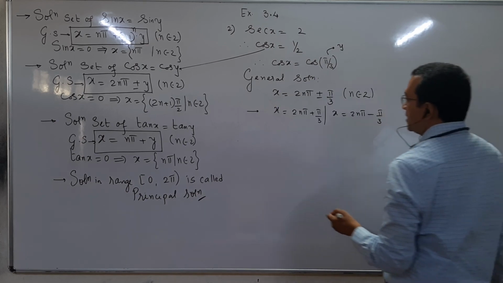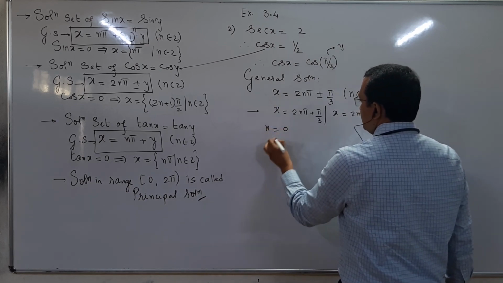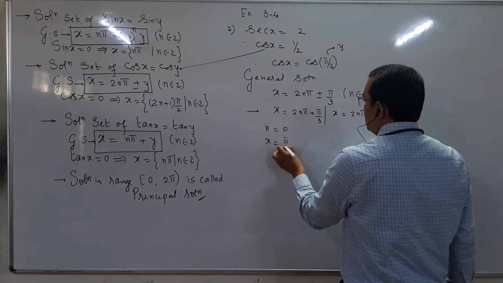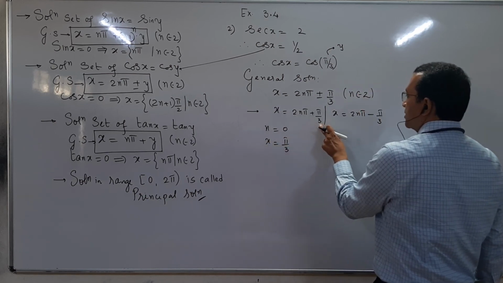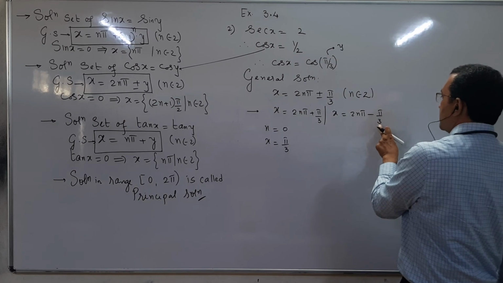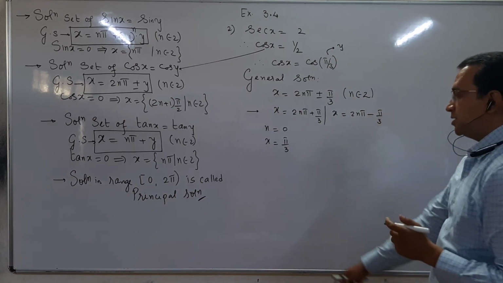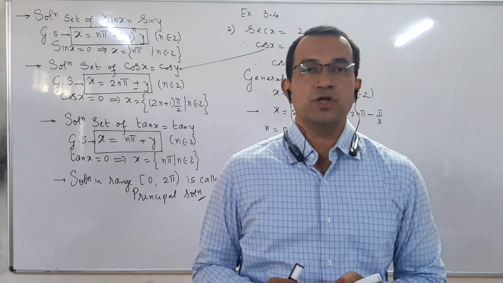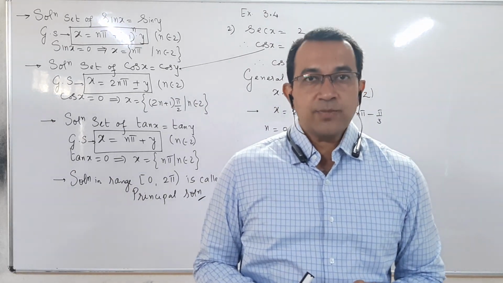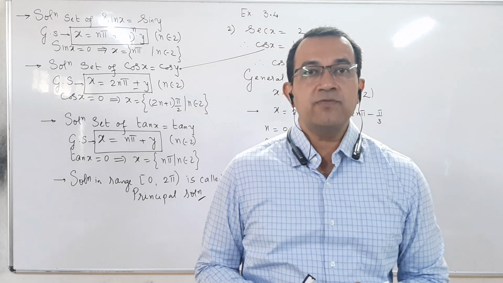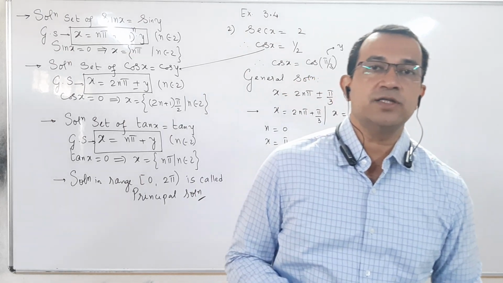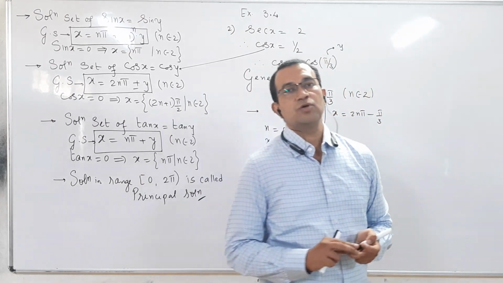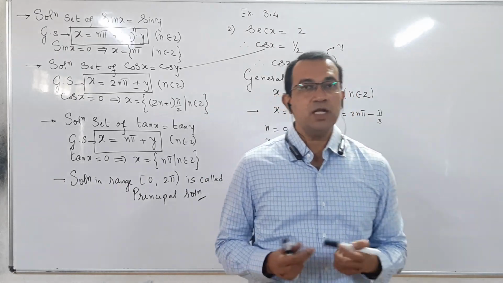So when I take n is equal to 0, I will get x is equal to pi by 3 here, and here I will get minus pi by 3. Minus pi by 3 does not fall in the principal solution. For principal solution, our value of x must fall in the interval 0 to 2 pi.